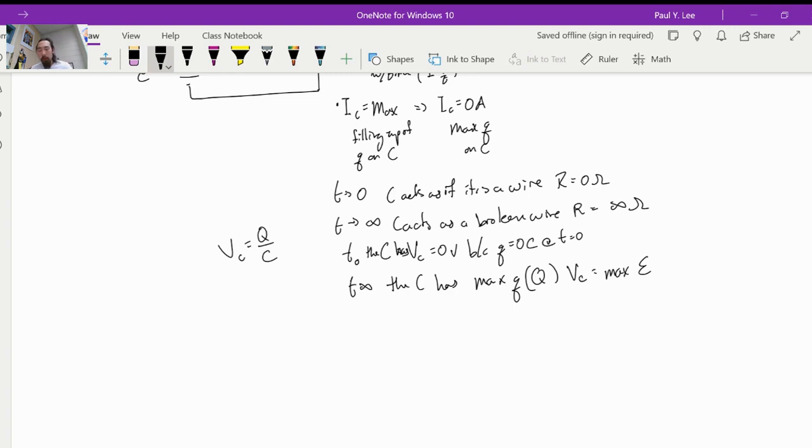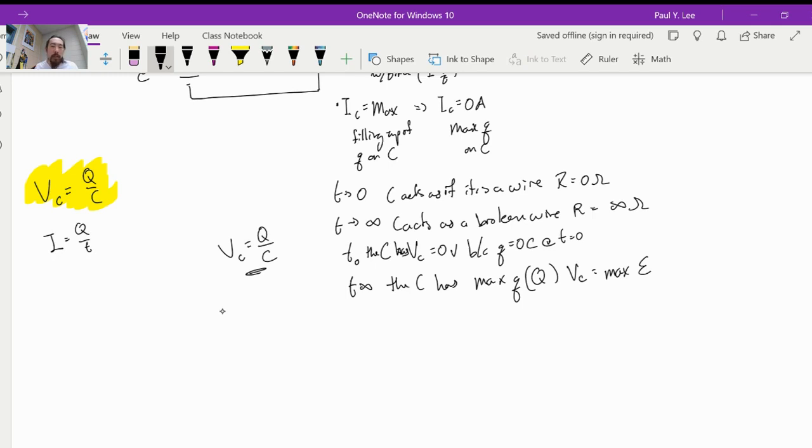A couple of very important things to take into consideration because we're talking about time. And when we're talking about time, that's where the fun begins because we can now do some calculus. A couple of things I want to put off on the side so that we can reference them. The voltage for a capacitor equation is Q over C. We know that current is equal to charge per time.